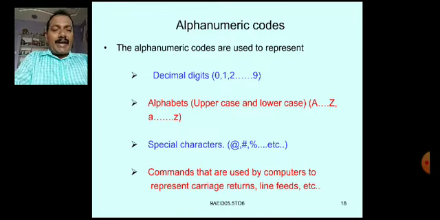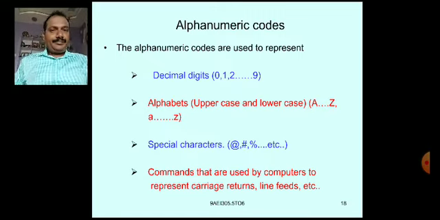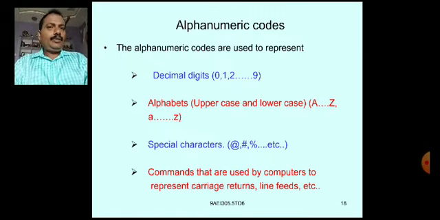And also commands that are used by computers to represent carriage returns, line feeds, etc. That means the enter key and delete key and some commands, and those also will be represented in alphanumeric codes.